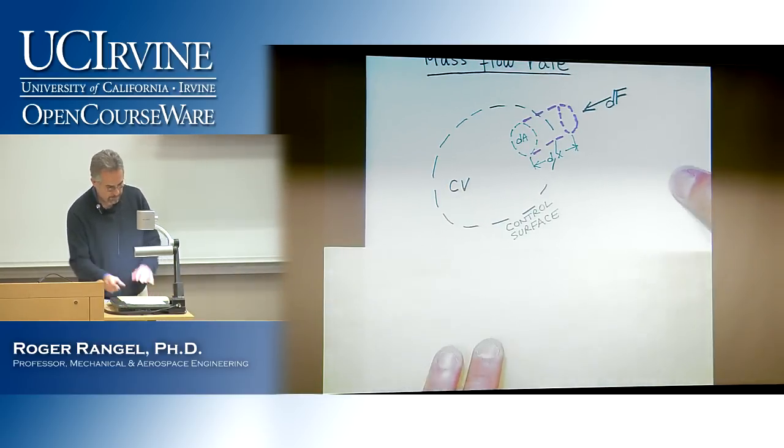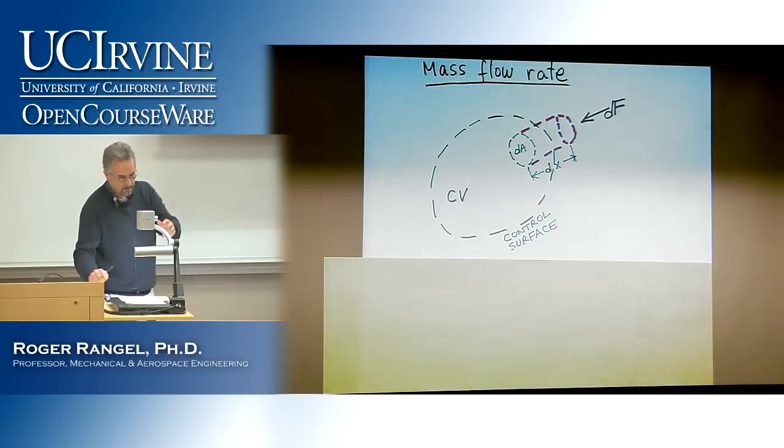Now, there is another thing that we have to worry about because of the fact that there is mass going into a control volume and mass going out of a control volume. So let me show you this picture here. And this is a very generic description of a control volume.